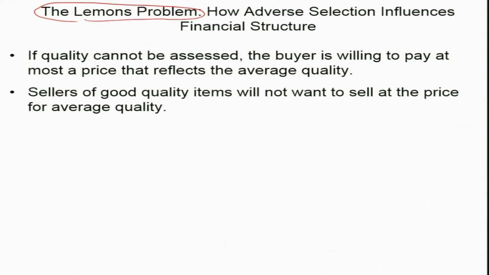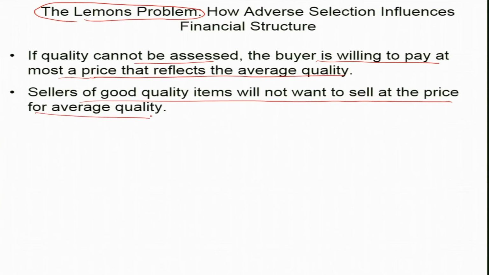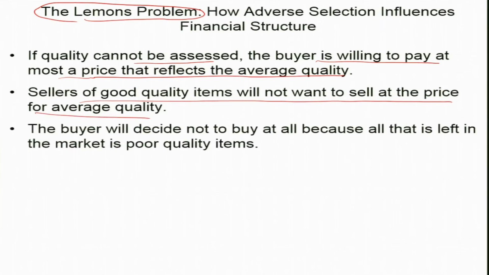If the quality of, for example, bonds or stocks cannot be assessed, the buyer is willing to pay at most a price that reflects the average quality, and sellers of good quality items will not want to sell at the price for average quality, right. Then the buyers decide not to buy at all, because all that is left in the market is poor quality items. That is what we have seen by discussing the used car example.